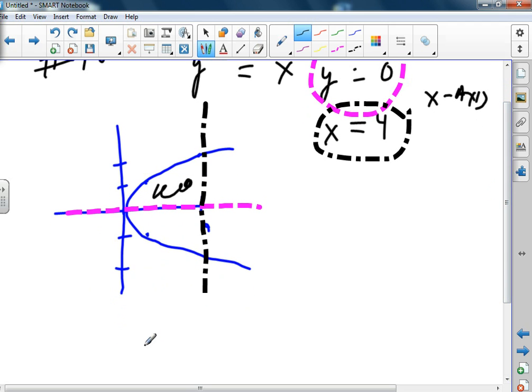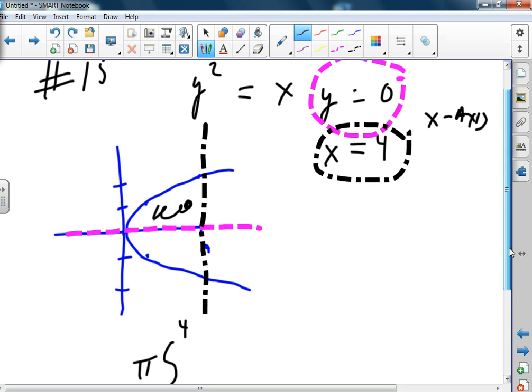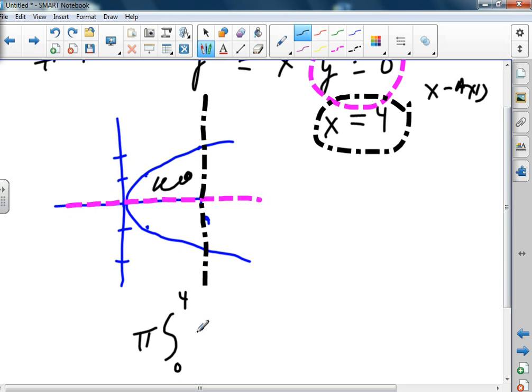All right, so I got pi integral 0 to 4 of square root of x squared dx. Now when we rotate around the x-axis, we do dx, right?